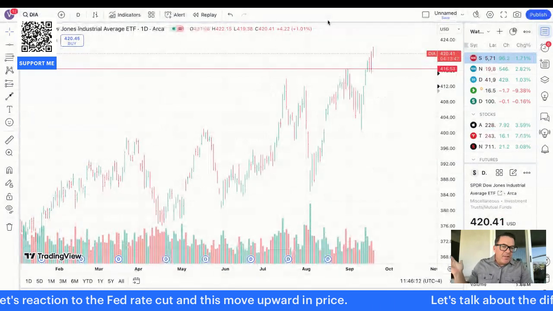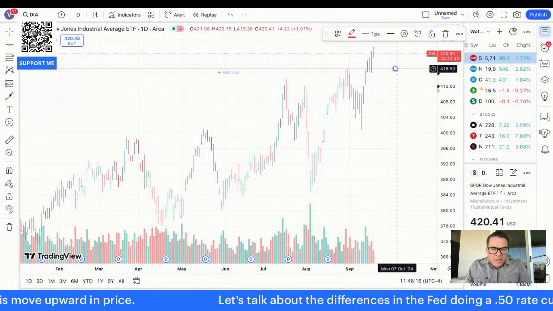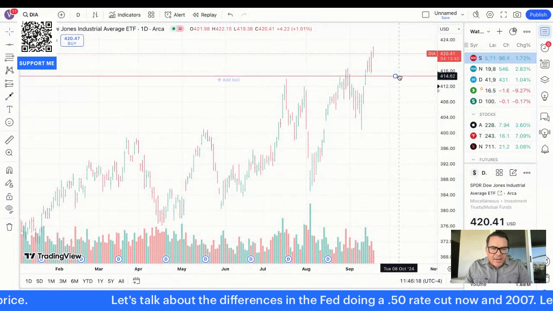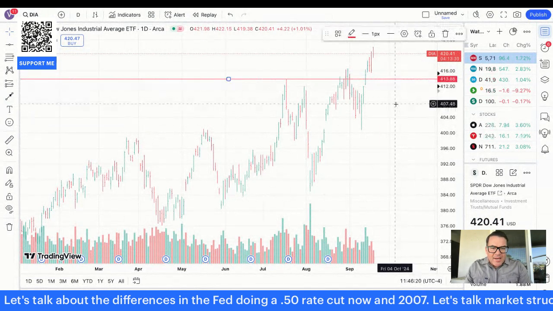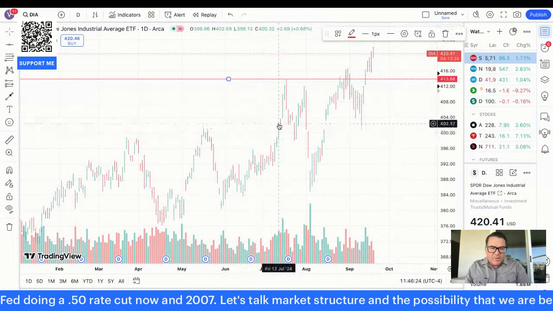So the Dow looks completely different, obviously. All right. So the previous high that we have been looking at is way down here. And in fact, it's not. It's even further. So your July 16th is way back here.